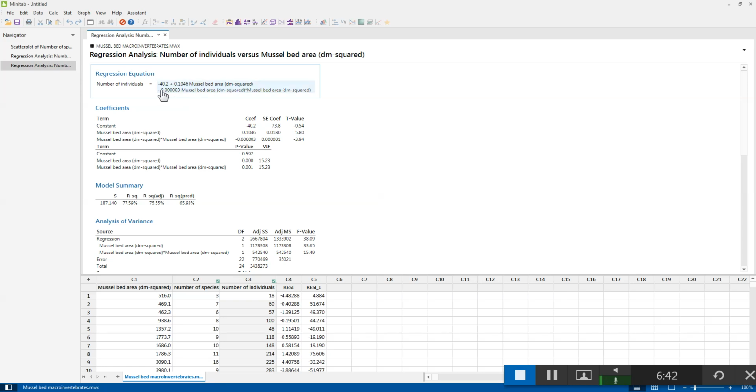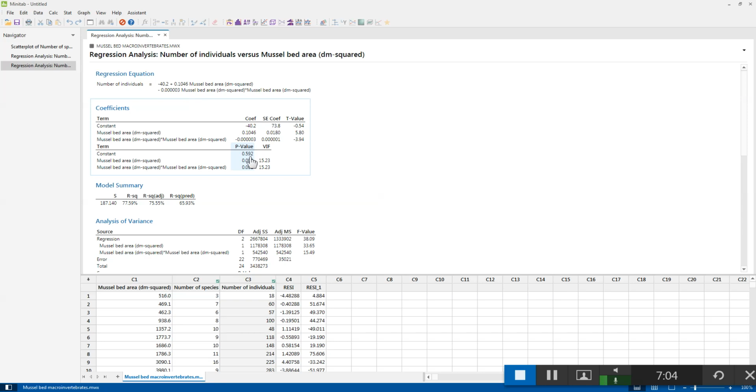And there's B2 with x squared there. The coefficients then are A, B, and B2 significantly different from 0. They're all there. There's the t-tests on those, as you've seen before. We can see that the intercept is not significantly different from 0.